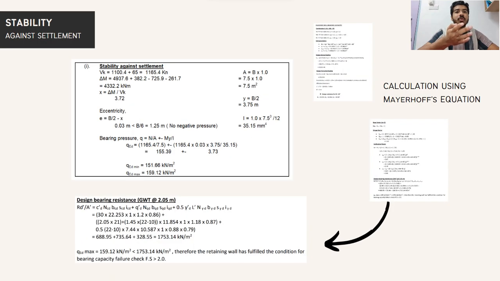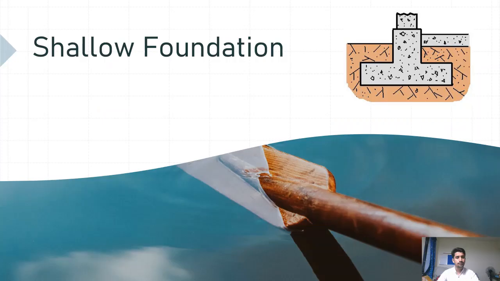Lastly, we checked the settlement due to eccentric load acting on the structure and calculated the max bearing capacity of the soil using Meyerhof's formula, and found out that the contact pressure due to load is equal to 159.12 kilonewton per meter square, which is much lower than the max bearing capacity, which is equal to 1753.14 kilonewton per meter square. Hence, we can conclude that this cantilever retaining wall design is safe from all kinds of failure.